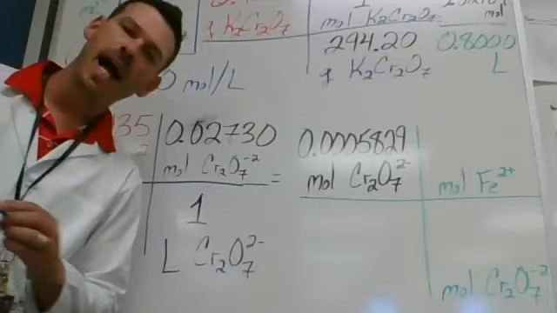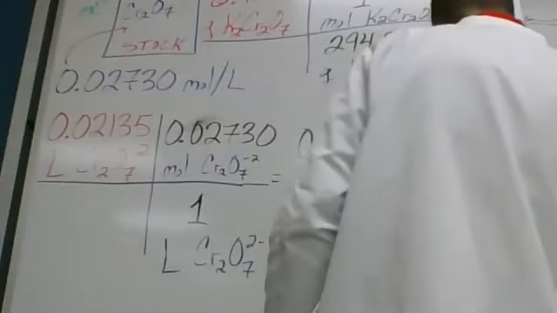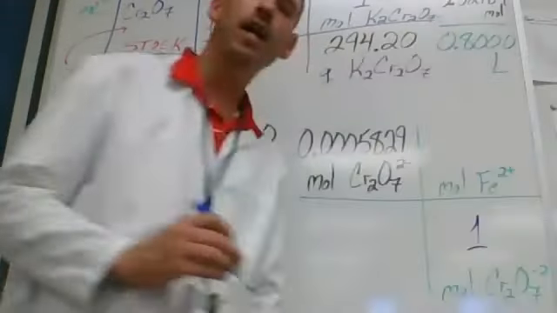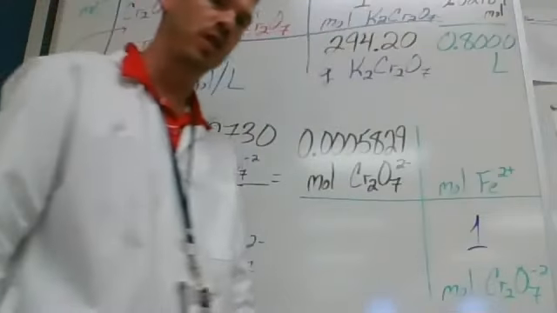The dichromate ion has a coefficient of 1. The iron 2 ion has a coefficient of 6.